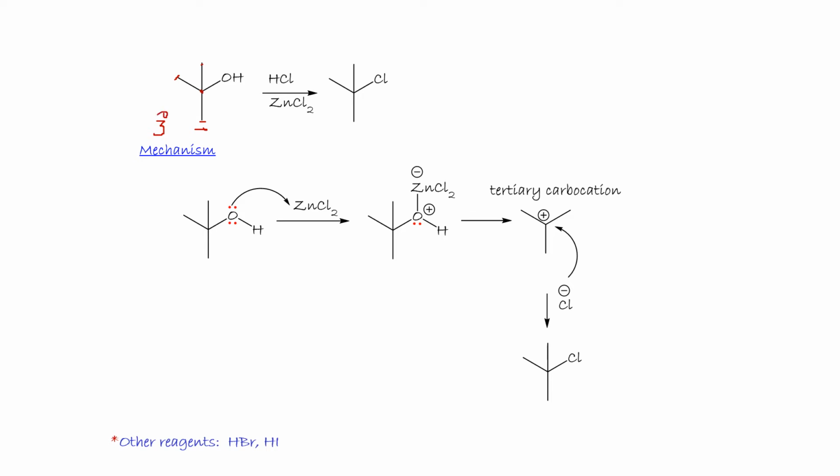With zinc chloride it forms an acid-base complex. This is a very good leaving group. And the tertiary carbocation is stable, chloride attacks to form the tertiary butyl chloride.